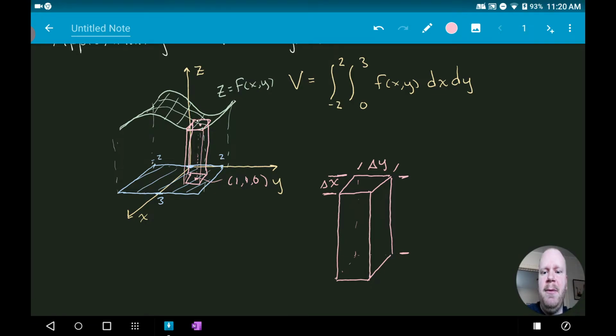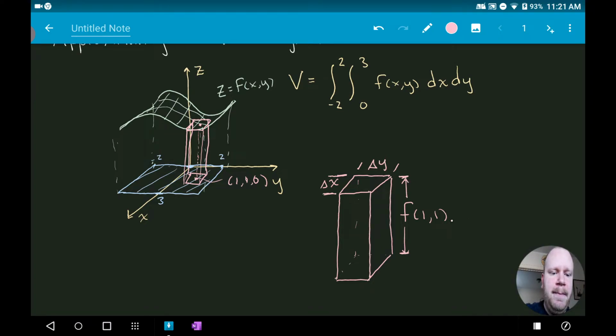So this rectangular prism might be poking out from the top or be underneath the surface in certain spots, but right at this point that we're talking about, it hits the surface exactly. So the height of this particular rectangular prism is going to be f of (1, 1), the z value when we plug in 1 and 1 into this equation. So that's what that looks like.